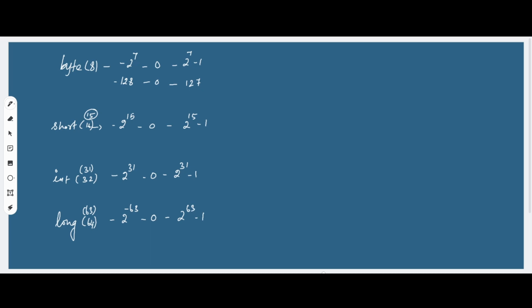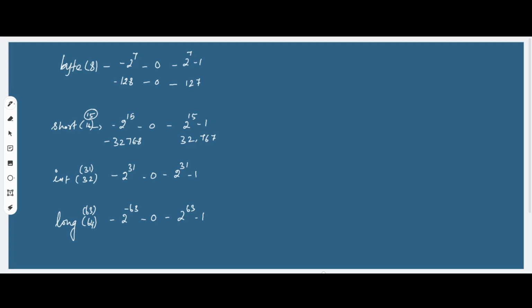Okay, fine. If you calculate 2 power 15, then you will get the value as minus 32,768 to 32,767, right?